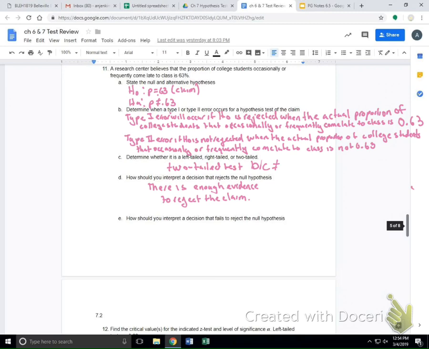So again, this goes back to the chart that we filled out, and it has the different scenarios: if your claim was H0 or HA, and if you reject or fail to reject the null hypothesis, what you should write. You can have that on your test tomorrow. And then there is not enough evidence to reject the claim.